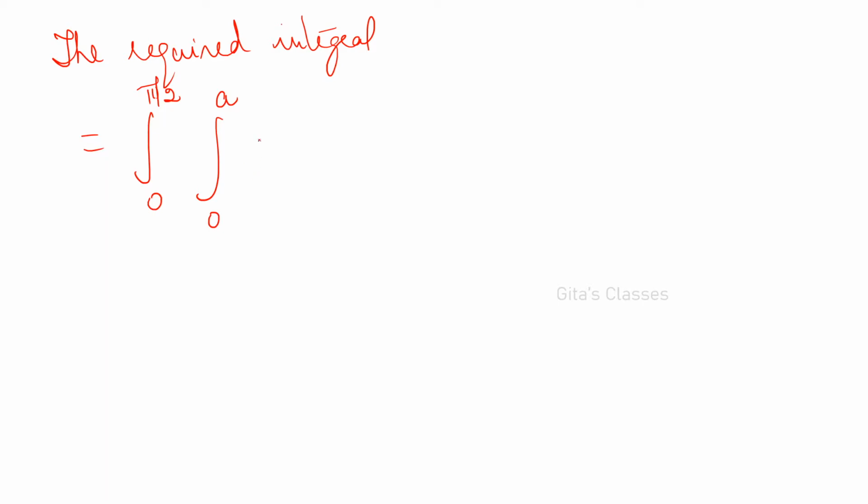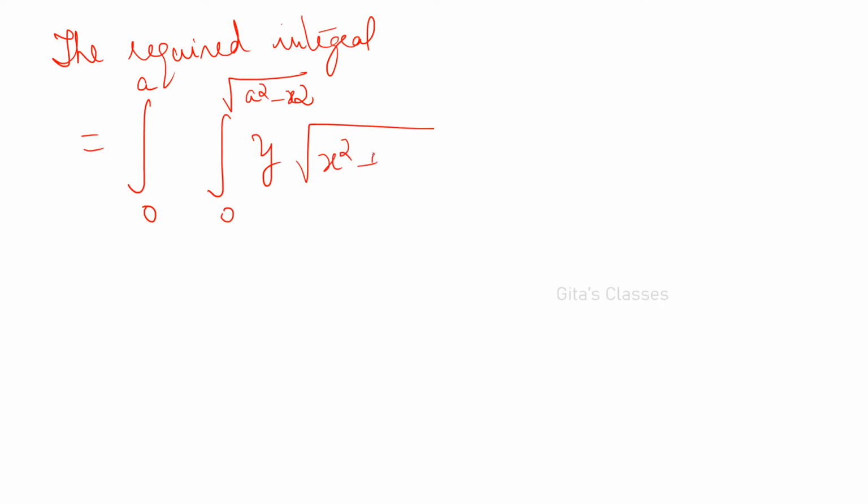Let me write that so that you will understand. The given integral is integral 0 to a, integral 0 to root of a squared minus x squared, y into root of x squared plus y squared, dx dy.